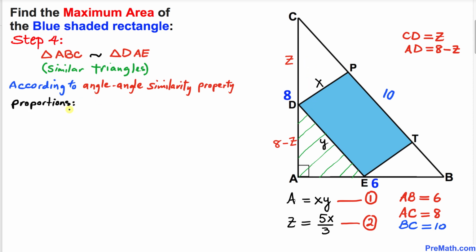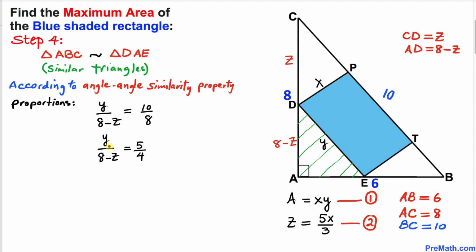Therefore, we are going to have a proportion. That means we are going to equate these ratios. I can write this one: Y over 8 minus Z equals 10 divided by 8. And now on the right hand side, 10 over 8 could be reduced to 5 over 4.